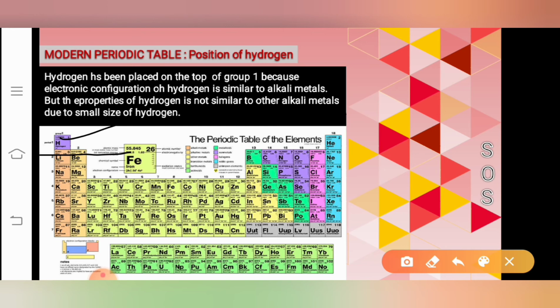But the properties of hydrogen are not completely similar to the alkali metals, because the size of hydrogen is very small. Correct?